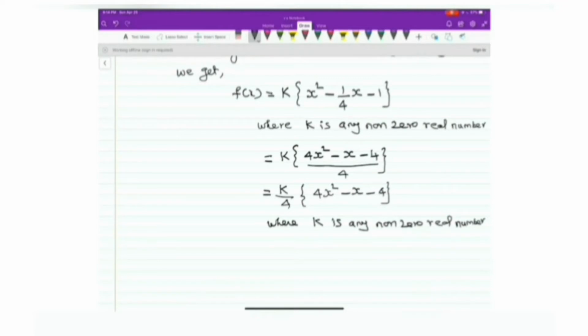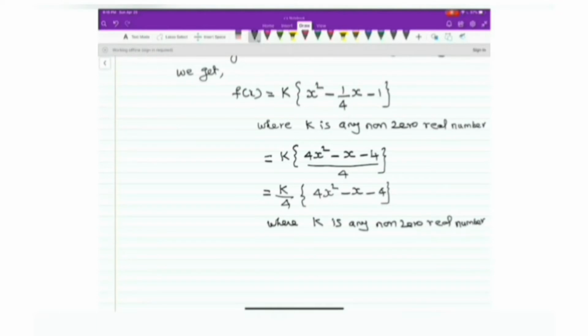Now what will happen if you give the value of k as 4, then that 4 and this 4 will get cancelled. You will be getting the quadratic polynomial as 4x square minus x minus 4. That will definitely satisfy the given conditions of sum of the zeros is equal to 1 by 4 and product of the zeros is equal to minus 1.